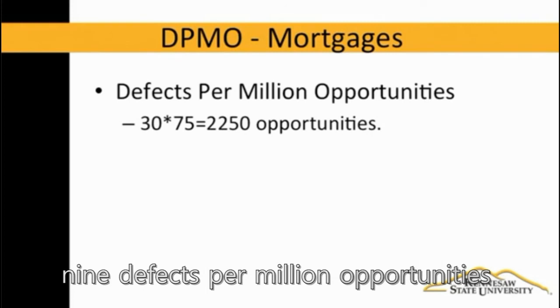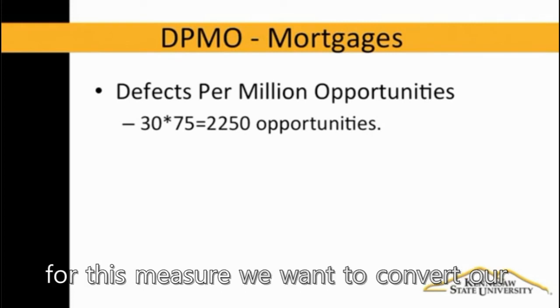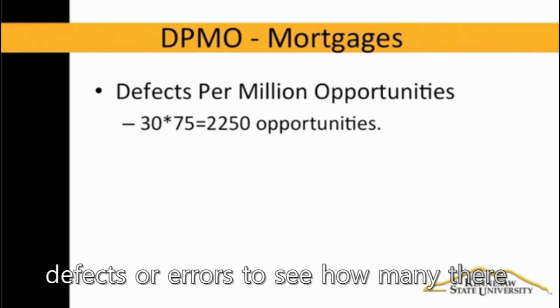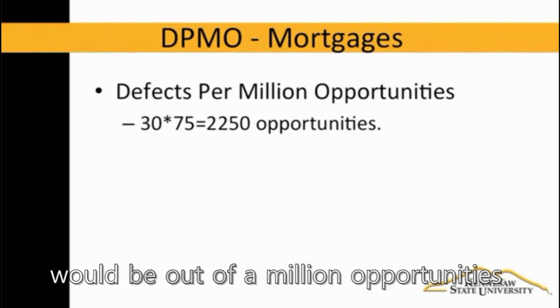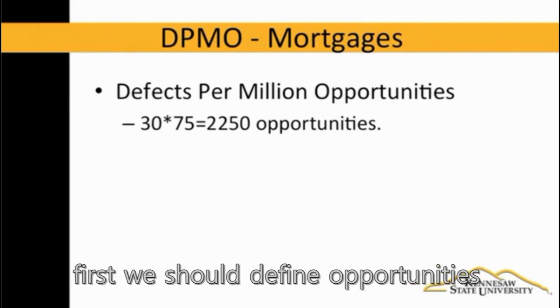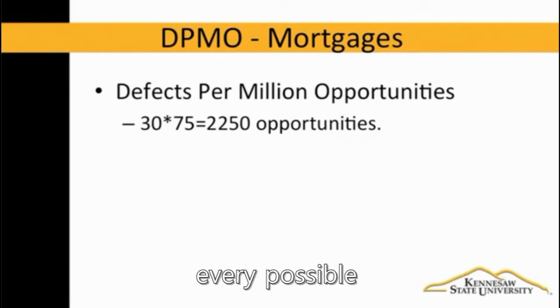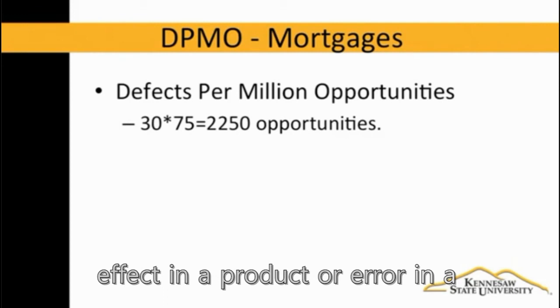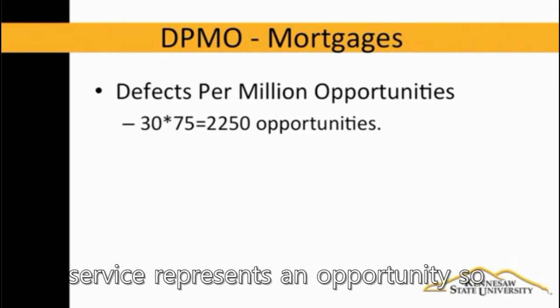Defects per million opportunities. For this measure, we want to convert our defects or errors to see how many there would be out of 1,000,000 opportunities. First, we should define opportunities. Every possible defect in a product or error in a service represents an opportunity.